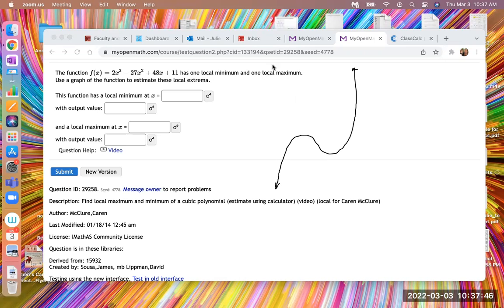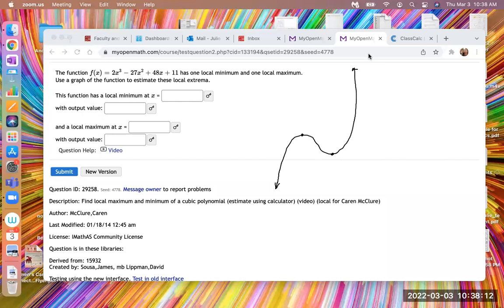This spot right here would be your local maximum, because it is the maximum value of the function in its own little neighborhood. Basically the top of any hill is a local maximum, and the bottom of any valley is a local minimum. That's what we're looking for.